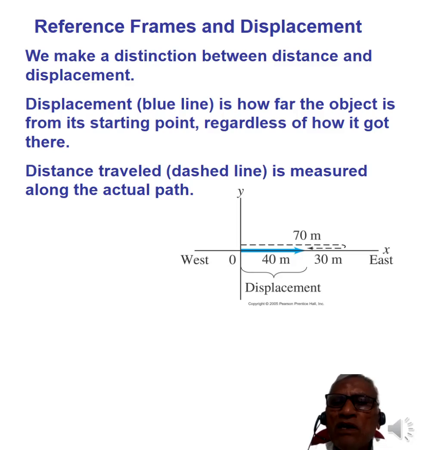For example, had the object stopped here, the displacement is plus 70 and the distance is 70. If the object has moved to the left, the displacement is minus 70 and the distance is 70 meters. That is how we define displacement and distance.